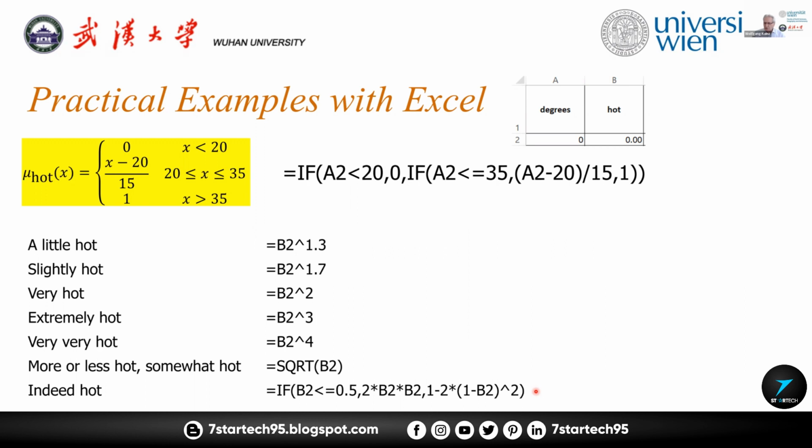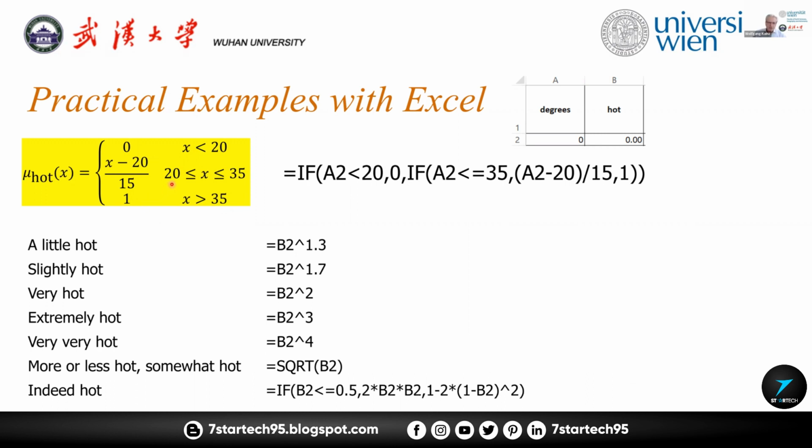It could be hot or it could be cold, for example, cold temperature, hot temperature. We take the example hot temperature and we define our membership function in such a way that for every temperature below 20, it's definitely not hot, meaning the membership value is 0. And for every temperature above 35, the membership value is 1, meaning definitely hot.